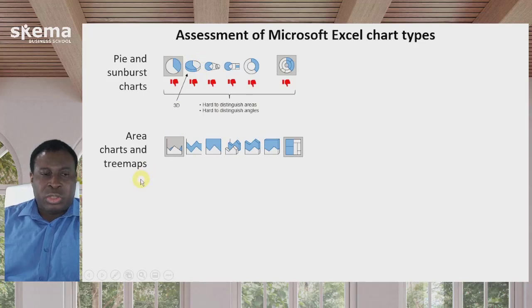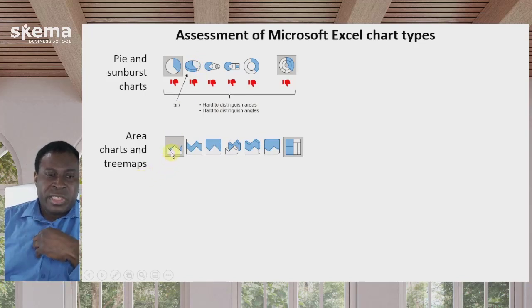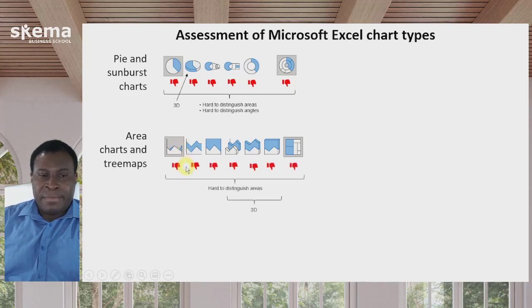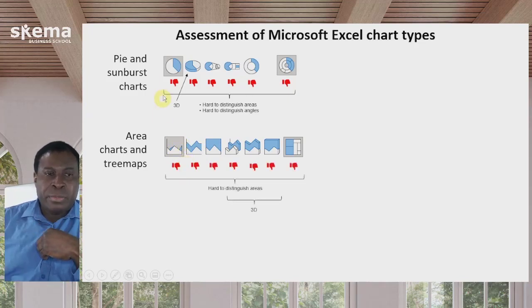Area charts and tree maps use not only X or Y axes, but they also use the area sizes, relative sizes of areas to encode information, where larger areas encode important information. And these fail for similar reasons to pie charts. People not only have difficulty perceiving differences in angles, but they also have difficulty perceiving differences in areas.